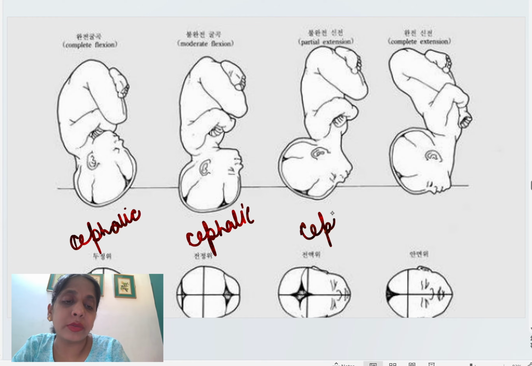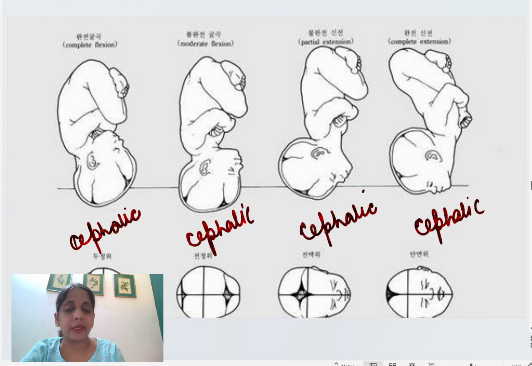So the head is presenting in all the parts, but here the neck is flexed, here it is deflexed, and here it is extended.